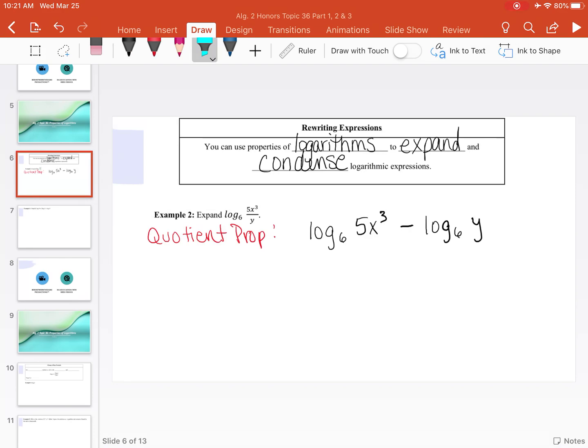Now, if we look at the first part of this, we'll notice that we actually have a product there, 5 times x cubed. So we can then use the product property.